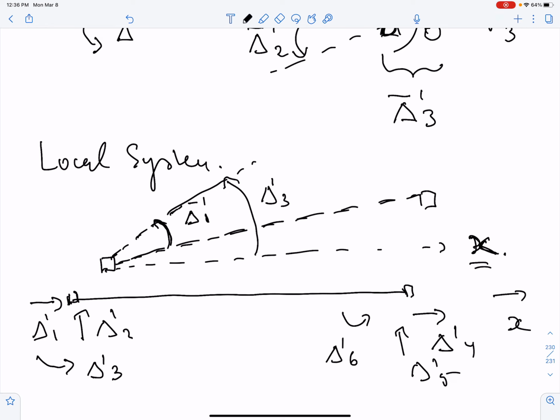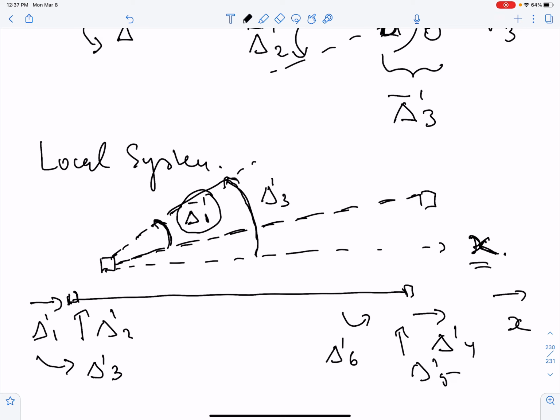Again, this is done in the interest of being able to set up boundary conditions. For example, if you know that at a given location your delta prime 3 is something, it's hard to set this first, because you don't know how much your element is going to displace. However, if you make the delta prime 3 relative to the unrotated configuration, before the element displaced, then you can set boundary conditions. I think this is the cleverness here.